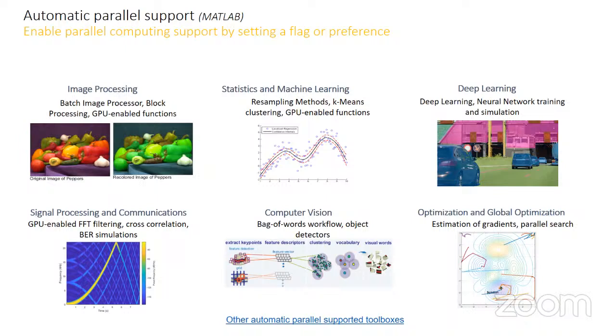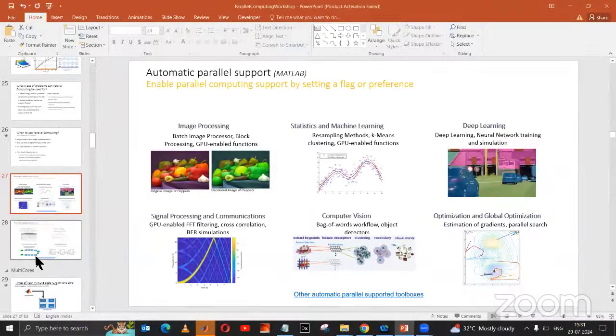Even for computer vision applications, where we basically use object detectors, object detection, like to extract key points, feature extraction or clustering, so these are basically the examples, and you will find there that the Parallel Computing Toolbox is required.